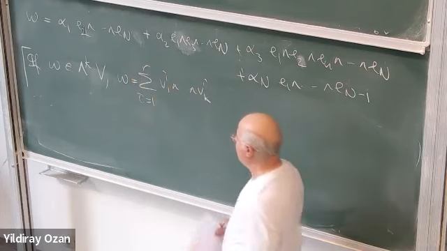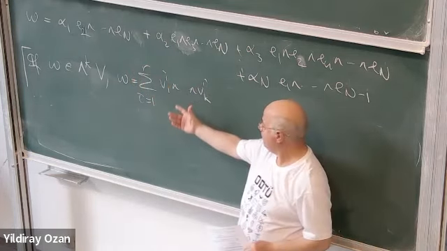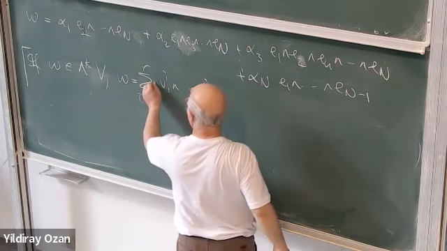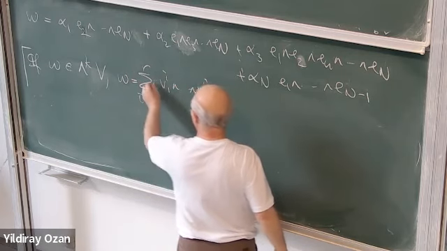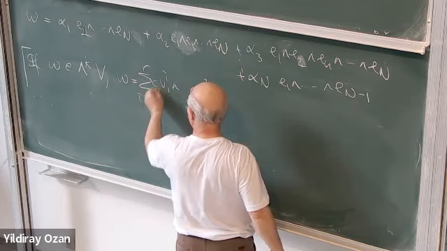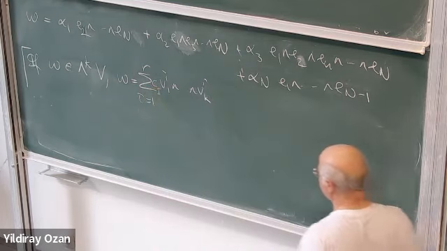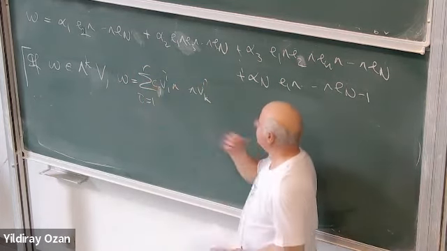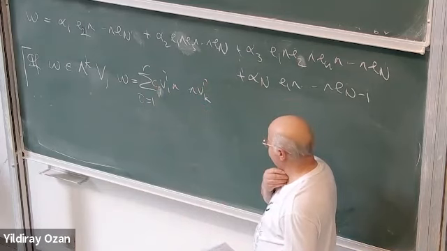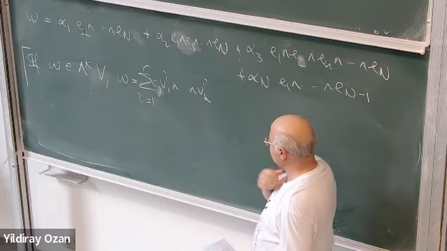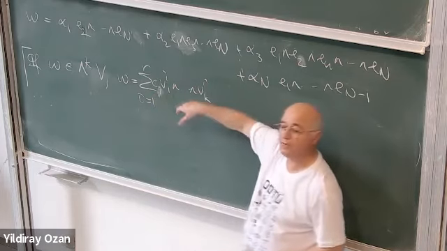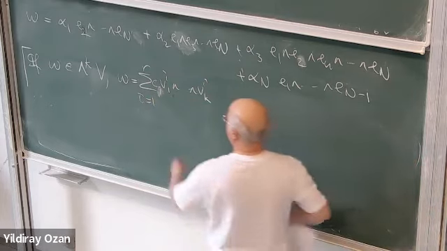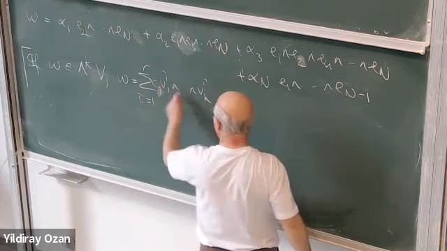What does a k form mean? It means a linear combination, with some constant here, of exterior products of k vectors. Now let's just consider one of them.